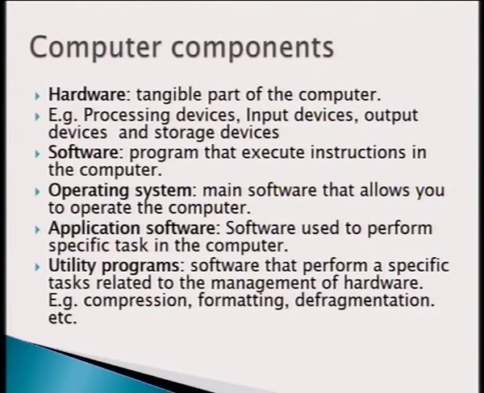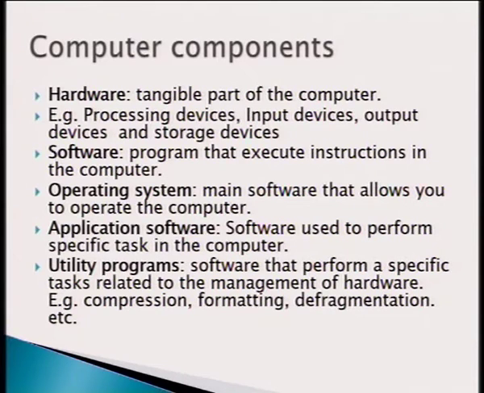Now, utility programs. When you talk about utility programs, we're actually talking about softwares that are related to the management of our hardware. If I need to use a mouse, which is a hardware, I must install software in my computer that will allow the mouse to be detected by the main operating system of the computer.